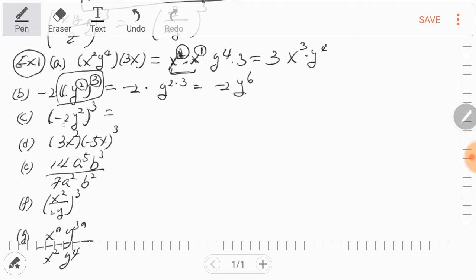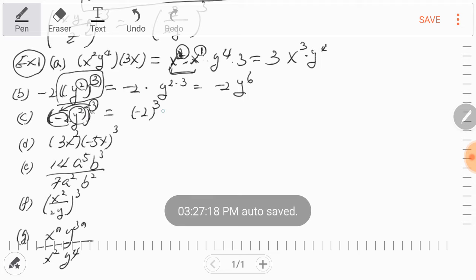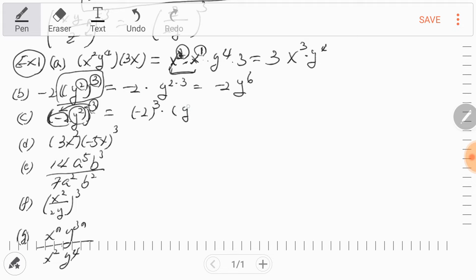The base has two factors, -2 and y squared. So we can assign the power 3 to each factor. -2 is a factor in the base, so raise -2 to the 3rd power, and then raise y squared to the 3rd power.